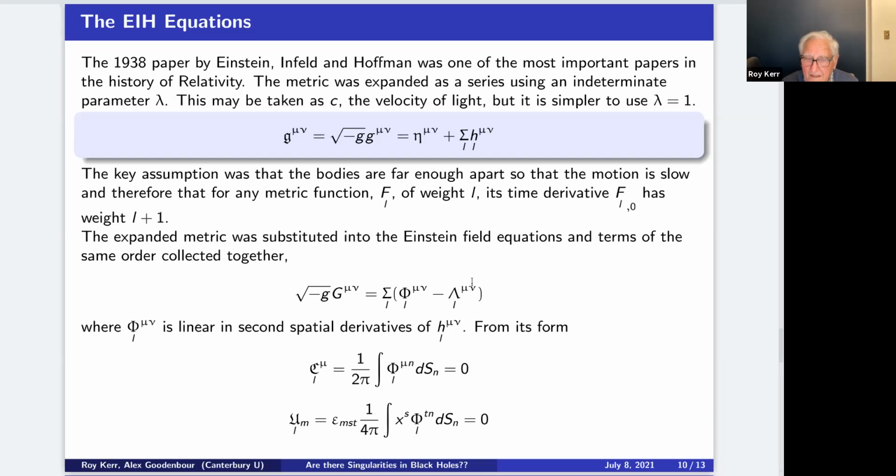Now, the trouble with this was they found that in order to solve the first order equations, they had to have the mass moving with zero acceleration. Then in the next order, they found that the Newtonian forces had to be zero. Well, obviously there was something wrong. They wanted the acceleration to equal the Newtonian forces.